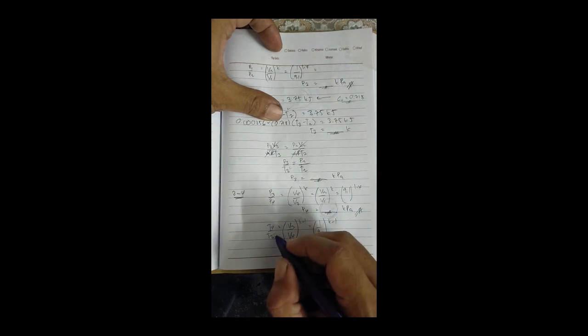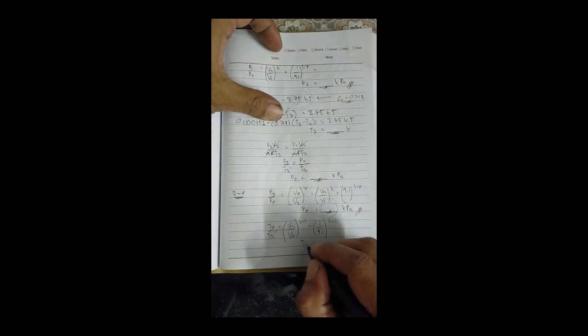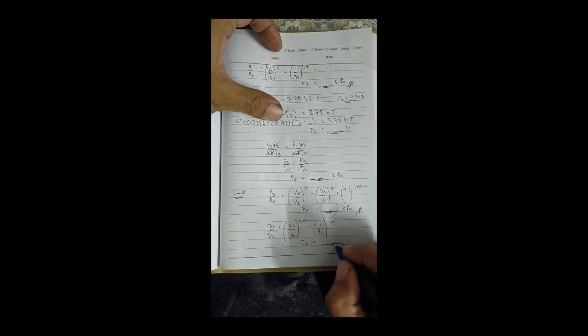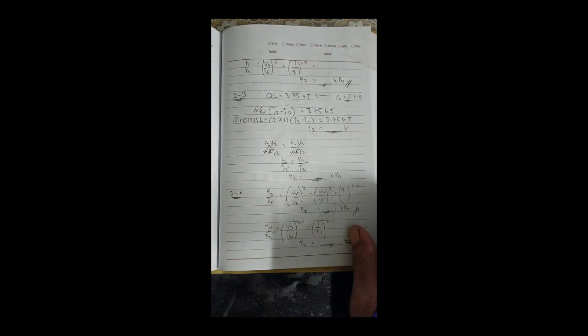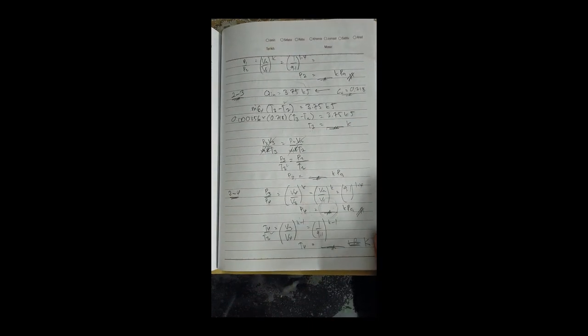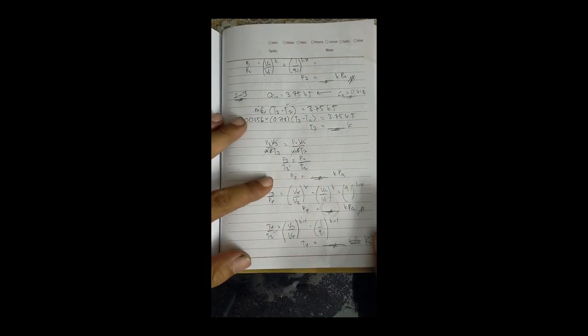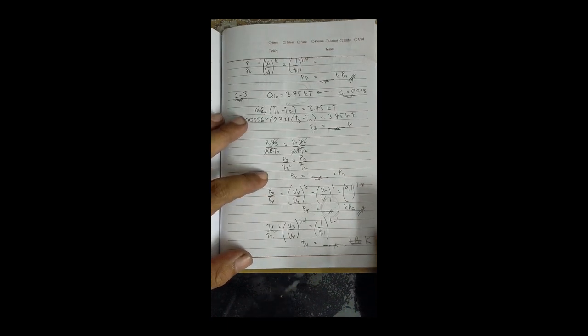We have T3, so we get T4 in Kelvin. Alright, so from here we have all the values required, temperature and pressure.